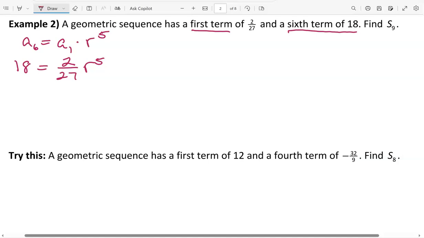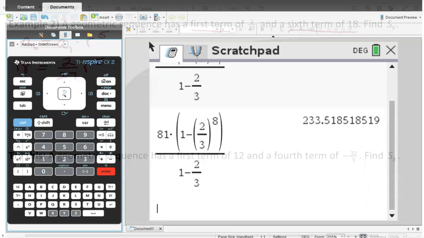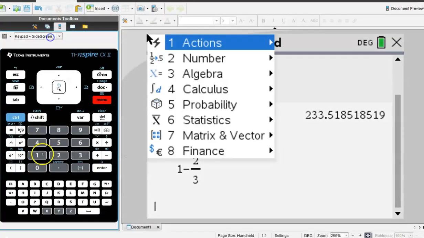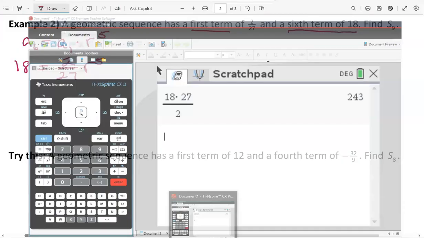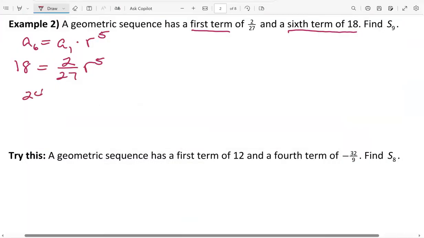And now in order to solve for r, we need to multiply by 27 over 2. So 18 times 27 over 2 gives us 243. So 243 is equal to r to the 5th.